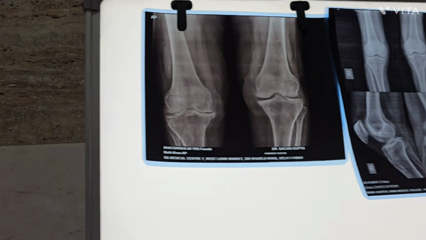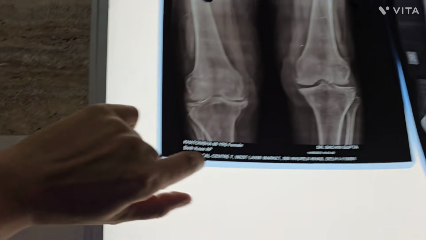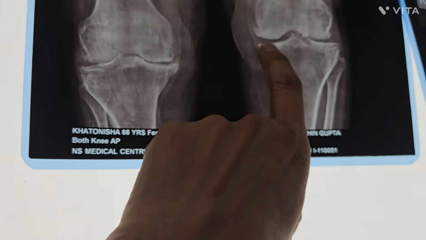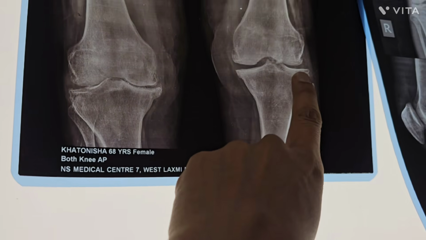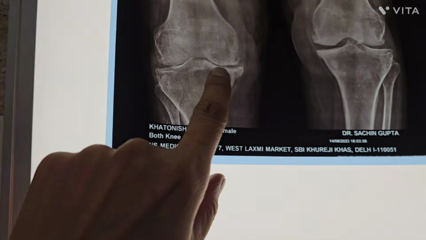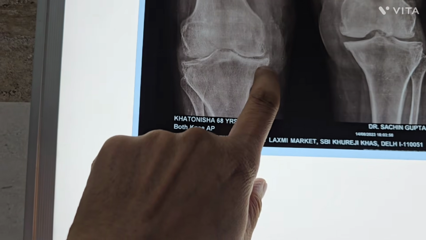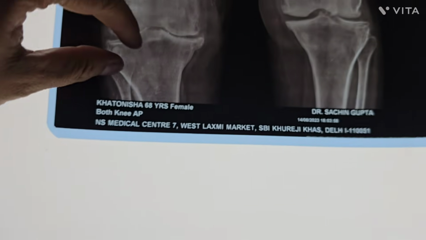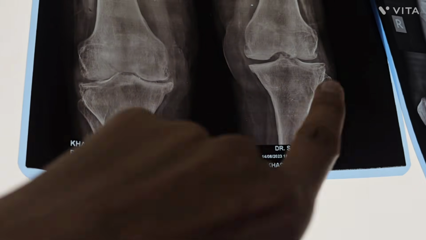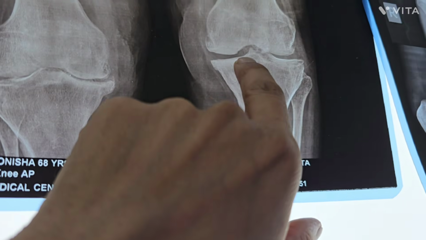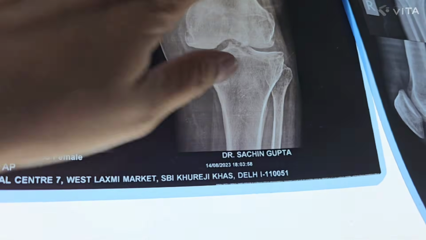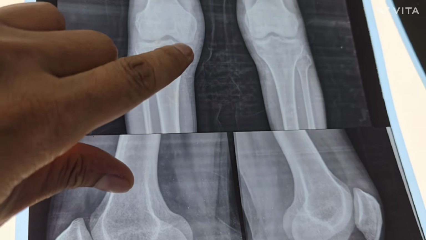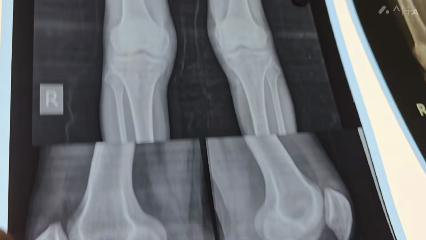Again, you can see so many X-rays of the knee joint. In this case you can directly see the medial and lateral compartments of the knee joint. In the right knee there are big osteophytes and the joint space is reduced. It means the right knee has osteoarthritis, but the left has only mild osteoarthritis. In the second X-ray the joint space is normal.